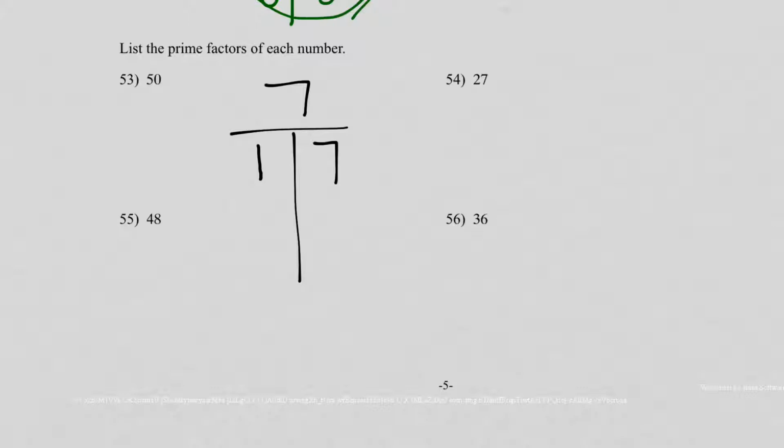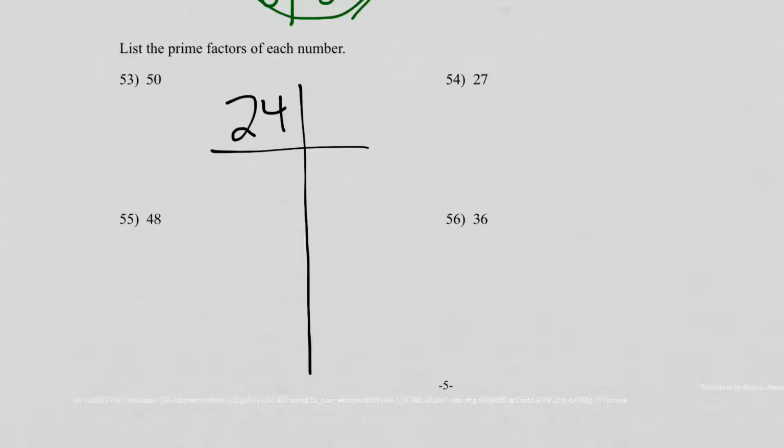What you'll notice is there's no other number I can divide 7 by and get a whole number back. So this is an example of a prime number, because a prime number is any number that has exactly and only 2 factors. Another way to say this is that prime numbers can only be divided by themselves and 1.